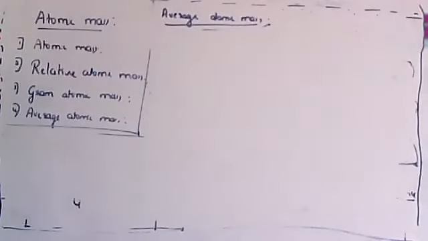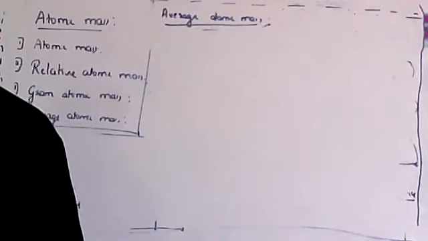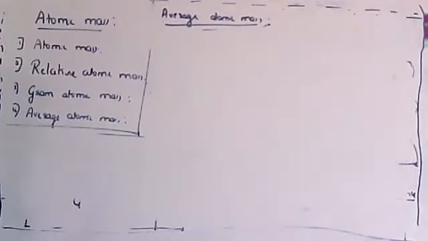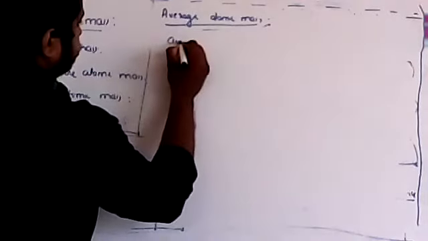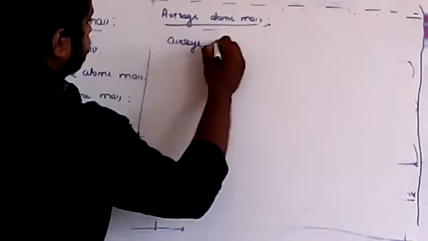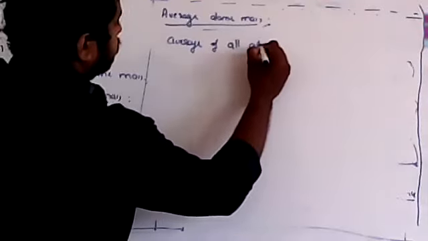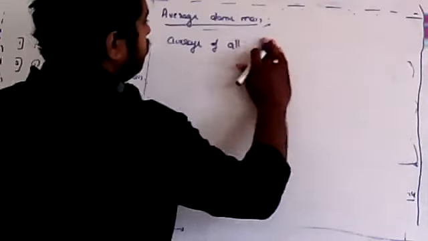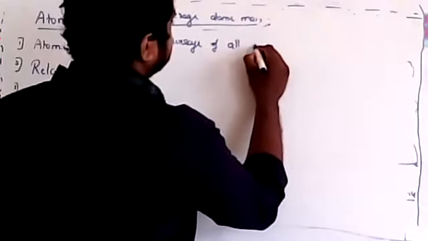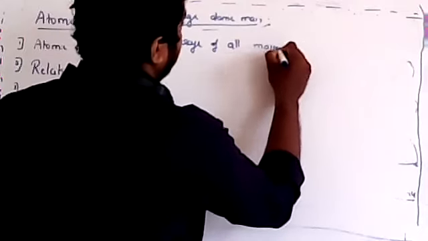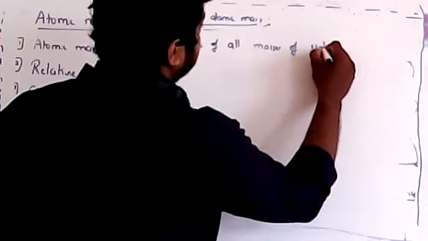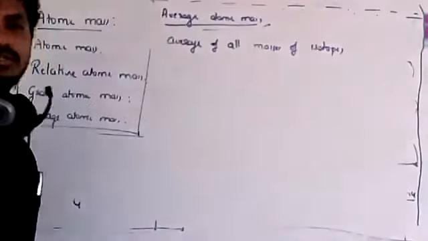So here what you can write is: the average atomic mass is the average of all masses of the isotopes.